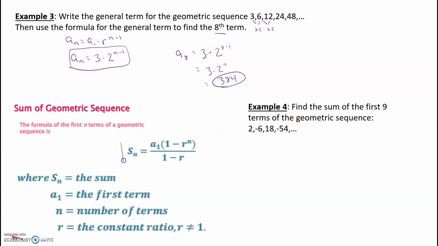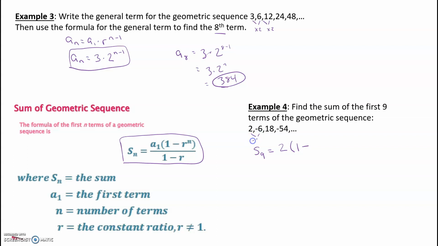Find the sum. So we also have a sum formula. We can find out what they should all add up to. And again, the pieces are pretty consistent. A sub 1 is still your first term, the number of terms, and your ratio. So we want to find the first 9 terms. So we want the sum of the first 9 terms. Our first term is 2. 1 minus our ratio.